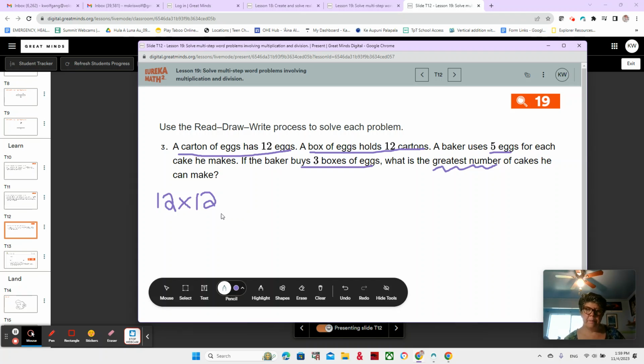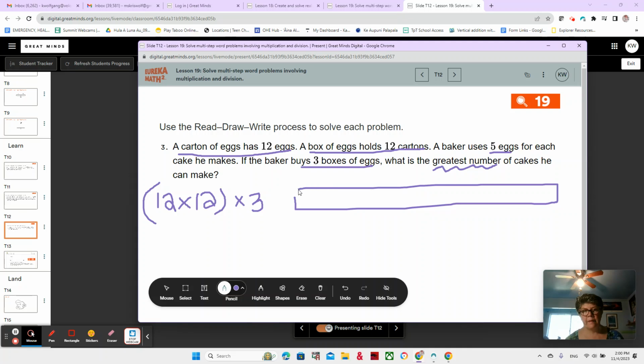And then he has 3 boxes, so that would be times 3 again, right? 3 times 12 times 12. You could also think of it as a tape diagram. And there's our 3 boxes, and inside of each box, we have 12 times 12.